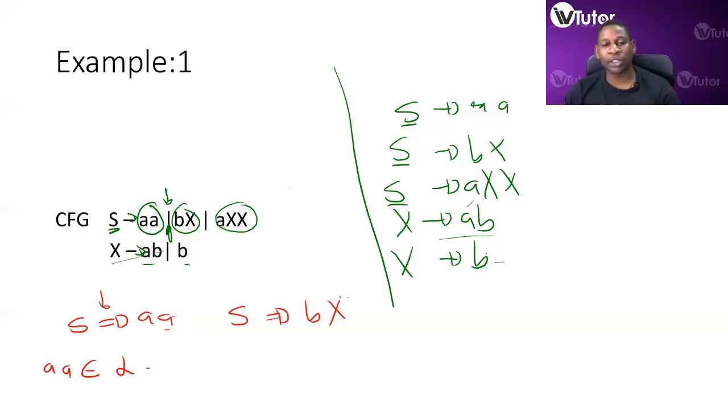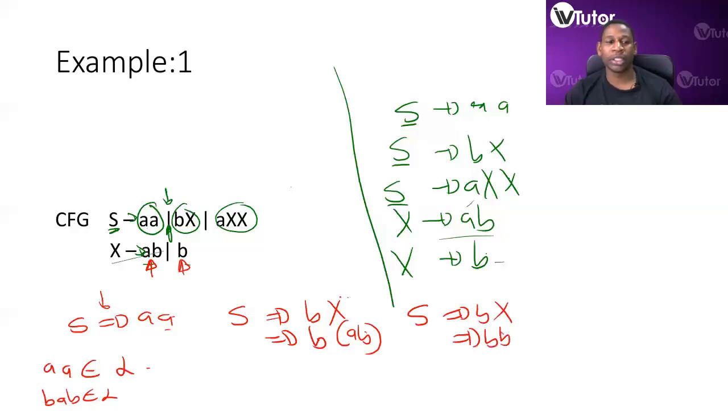So we now need to substitute X. We can either choose from here or from there. If we choose X to go to AB, then BAB becomes a word in the language. Or we could have S to BX goes to BB. Therefore, BB becomes a word in the language.